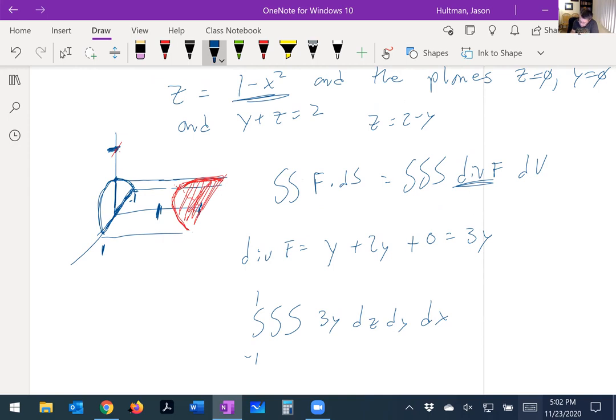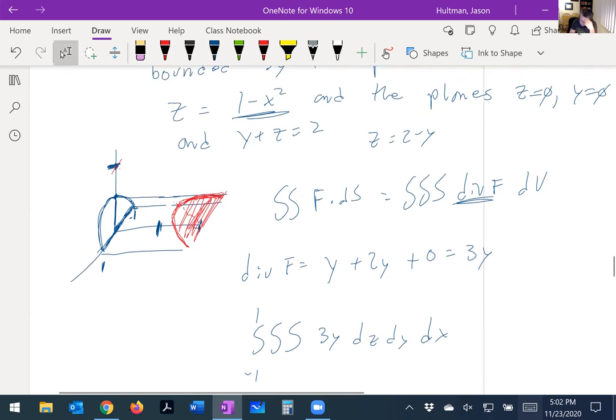Because I need to get down a variable each time I do this, let's go to y first, because I want y in terms of x. The problem is I can't do that, since I have y in terms of z. So I'm going to be sneaky here and reverse my limits of integration.